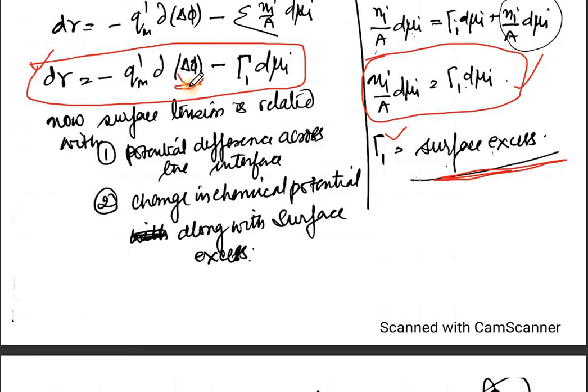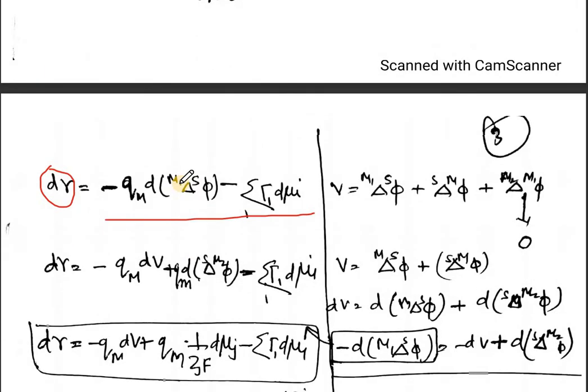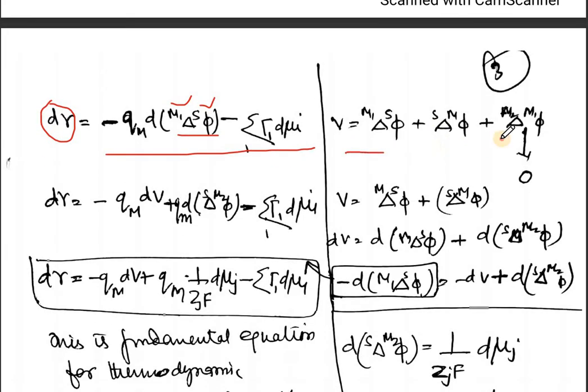This change in potential is a concern for metal to electrolyte. We write M1 and S, where S is the solution side, the electrolyte side, and this is the metal side. The potential is from metal to solution, or from the second electrode, solution to metal, and then between the two electrodes, metal to metal, M1 to M2.